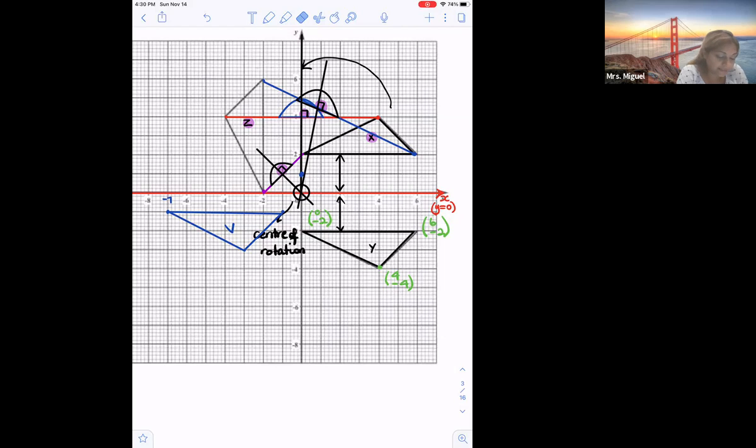In addition to that, this is 1, 2, 3, 4, 5, 6. So this is 6 units in length. So if that is 6 units in length, then half of 6 is 3. So this is my second point. So far I have the base of the triangle.